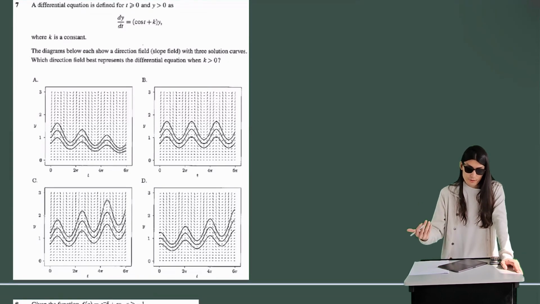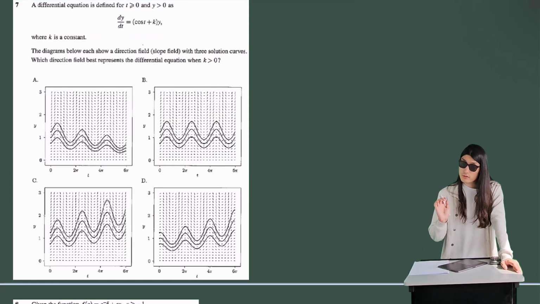Okay, so you've got slope fields shown, and the curves drawn on the slope field are supposedly 3 solution curves, is what the question says. So based on that, which one best represents this differential equation?